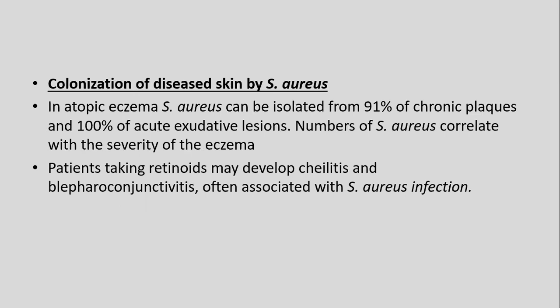In atopic eczema, Staph aureus can be isolated from 91% of the chronic plaques and 100% of acute exudative lesions. The number of Staph aureus correlates with the severity of eczema. Patients taking retinoids may develop cheilitis and blepharoconjunctivitis, often associated with Staph aureus infection.